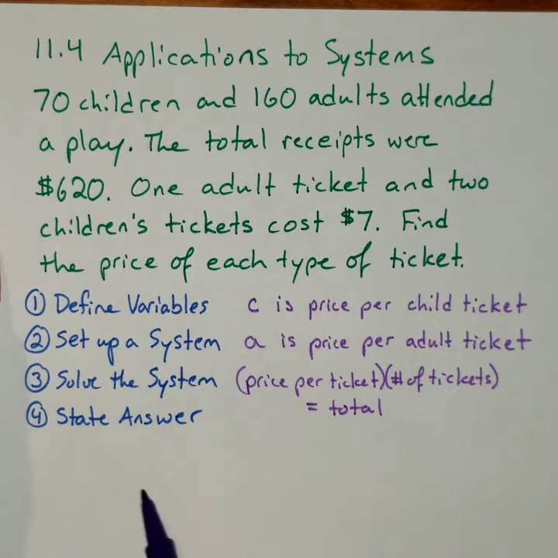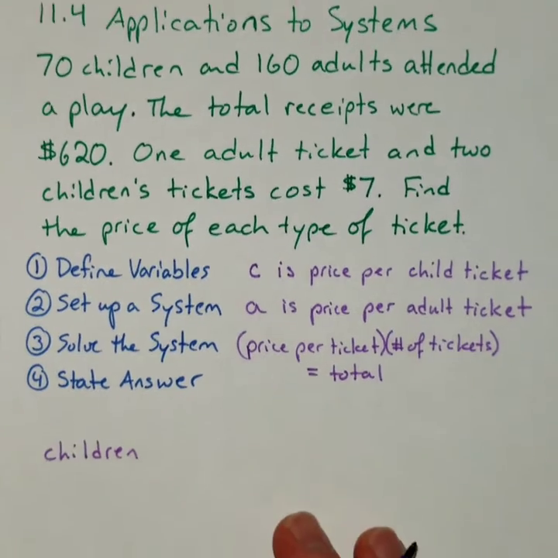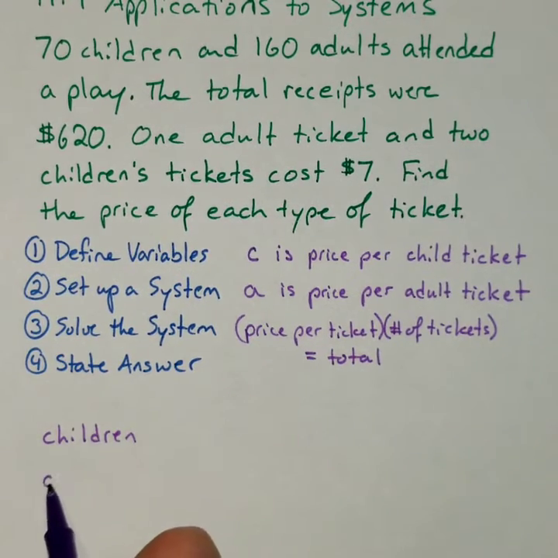And so I'm going to set up this table. I'm going to set it up with the children in a row and the adults as a row.